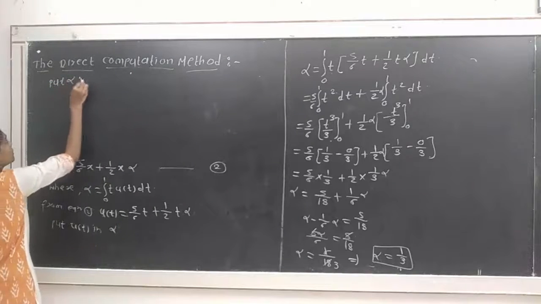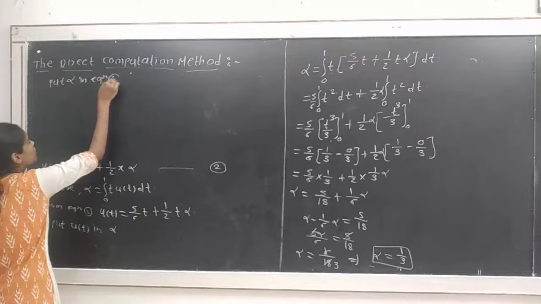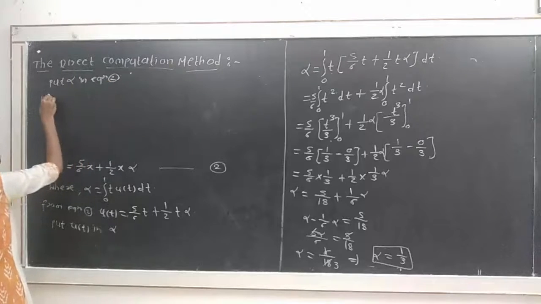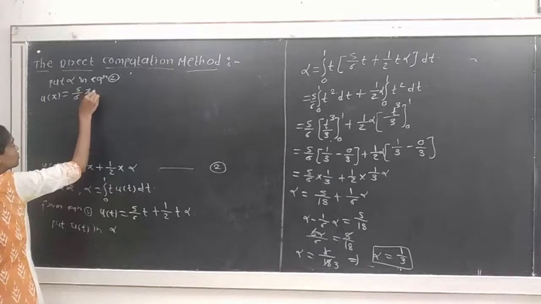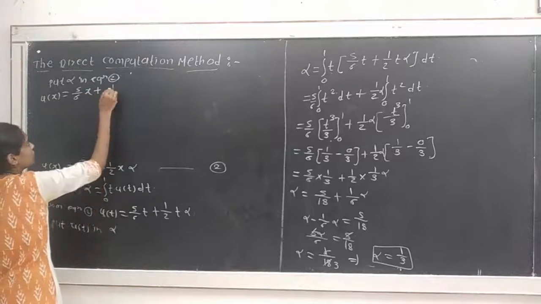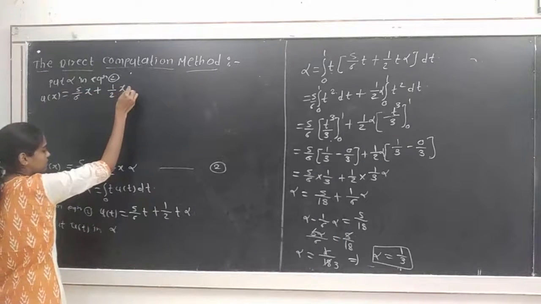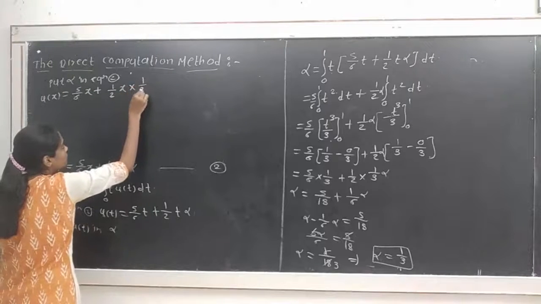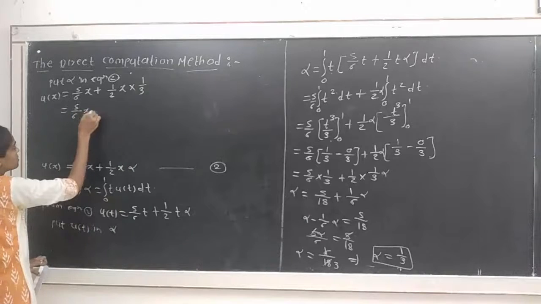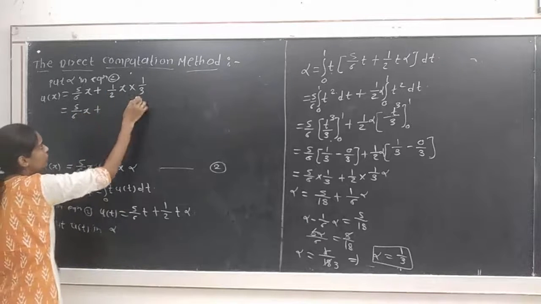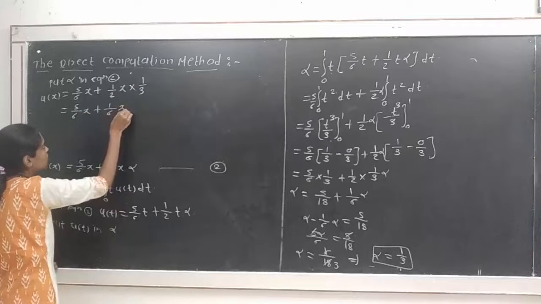Alpha in equation number 2, we get u of x is equal to 5 divided by 6 into x plus 1 divided by 2 into x into alpha, which will be 1 by 3. Okay, so we get 5 divided by 6 into x plus this 1 by 2 into 1 by 3 will be 1 by 6 into x.